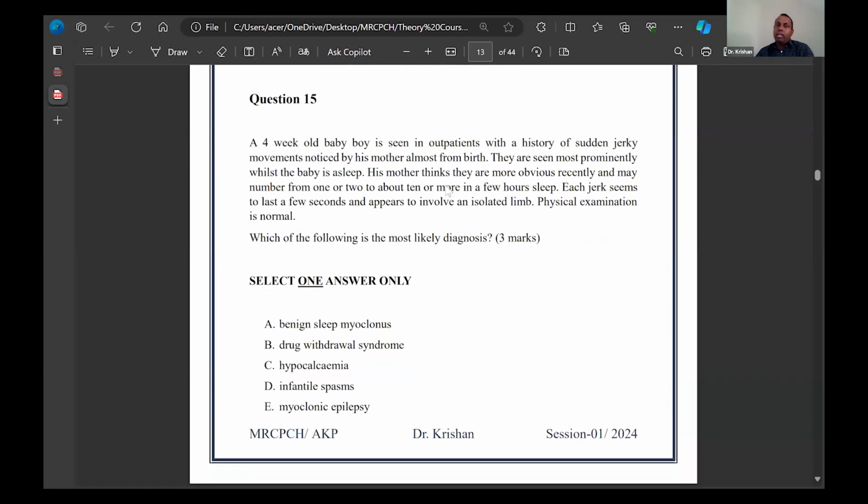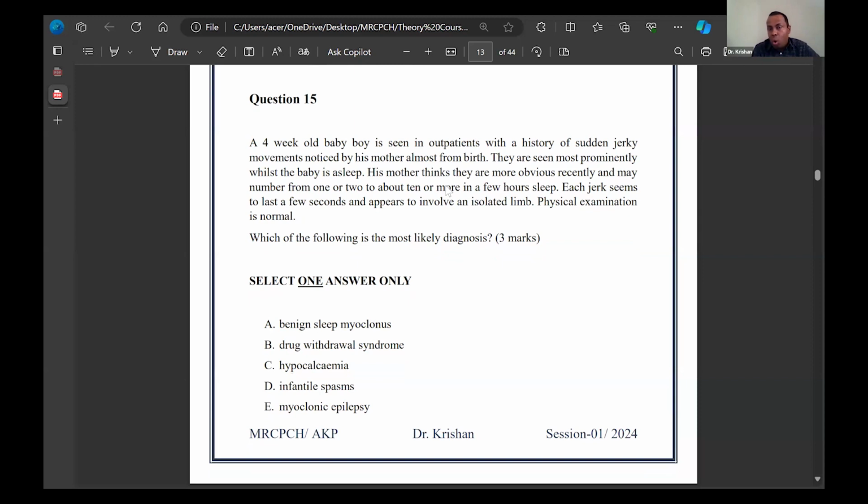Next question. A 4 weeks old baby presented to outpatient department with a history of sudden jerky movements noticed by his mother almost from birth. They are seen most prominently while sleeping.